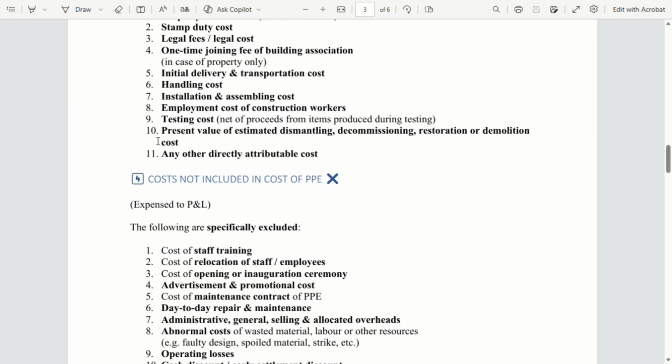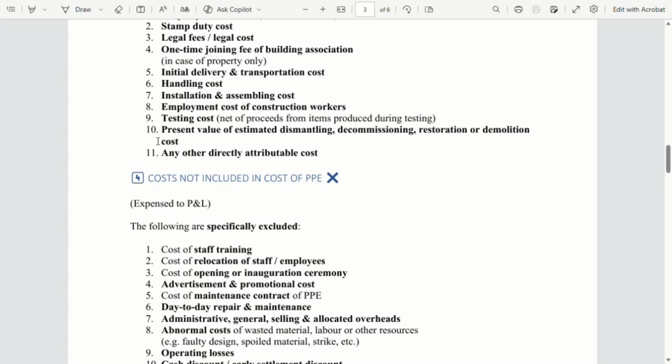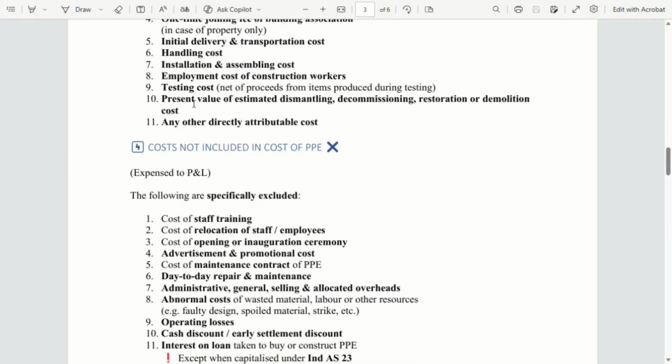So that cost we are going to estimate, and then record it at a present value. There are many questions in which there is a dismantling cost. So we have to remember that initially we will record it at a present value, and later we will charge interest on the liability.